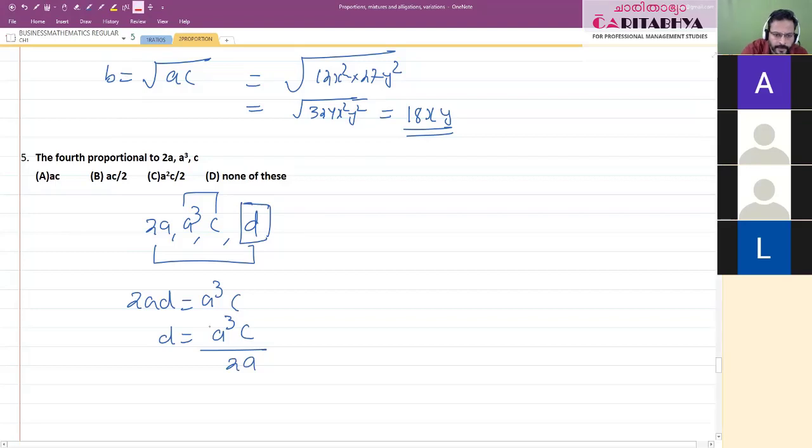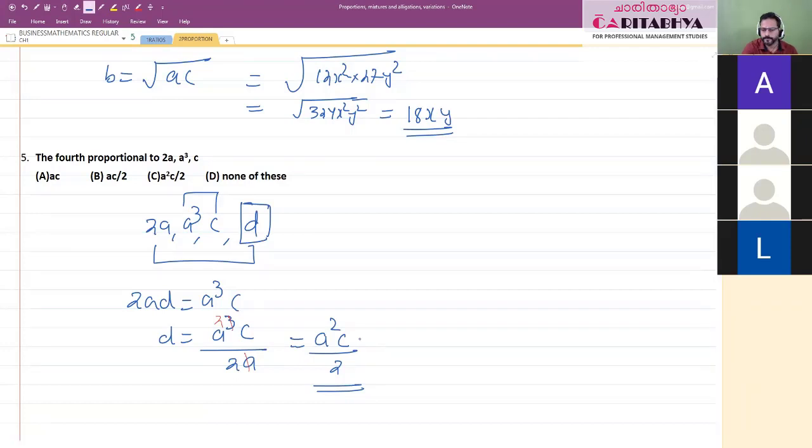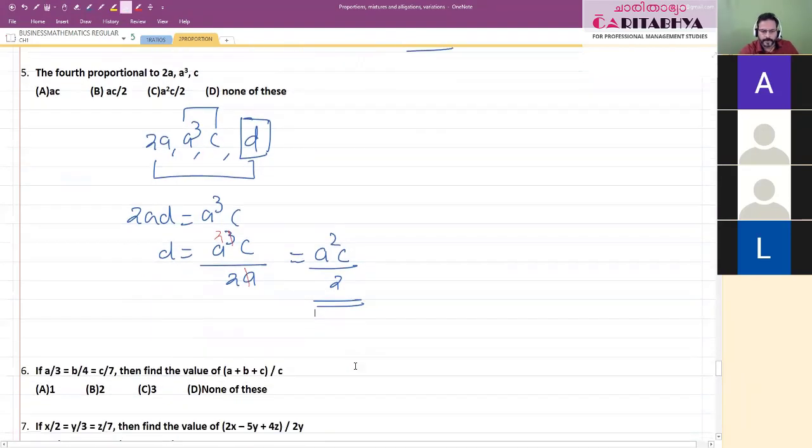Here one a in a cube cancels with the a below. So what remains? a² c divided by 2. The answer? Yes. Then next question.